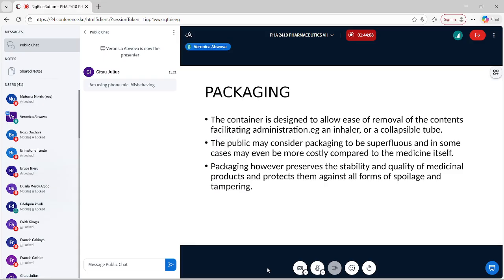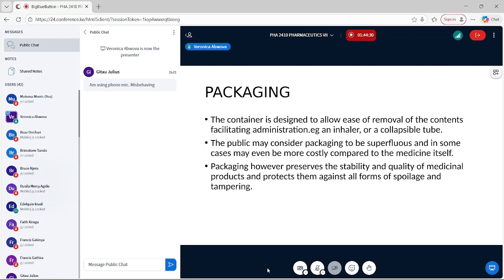So the container is designed to allow ease of removal of the contents, facilitating administration, for example, an inhaler or a collapsible tube. You see, the inhaler will contain the drug to be inhaled, okay? But the inhaler serves a role. It serves a role in facilitating inhalation of that drug, okay?